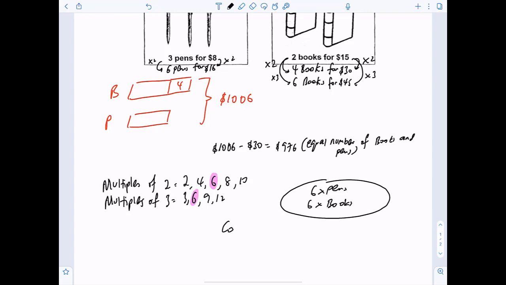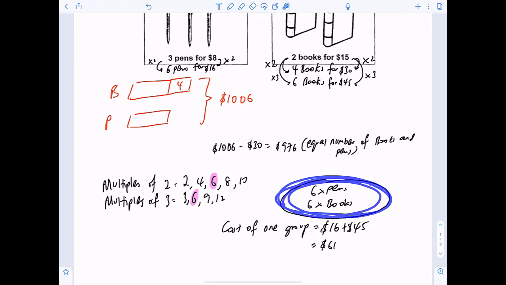So the cost of one group will be equal to how much? 6 pens, $16, plus 6 books, $45. 16 plus 45, $61.